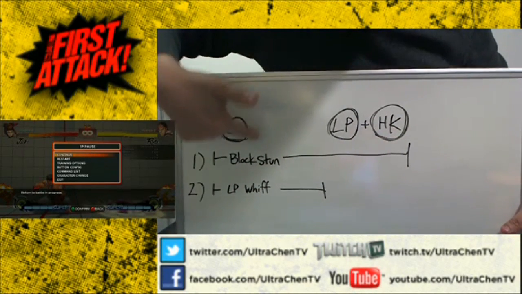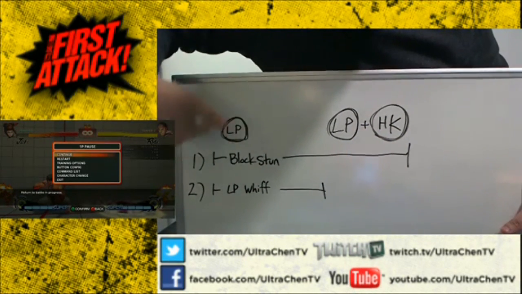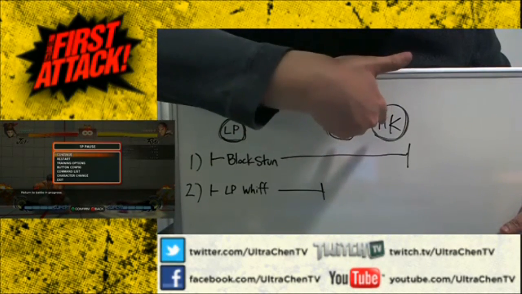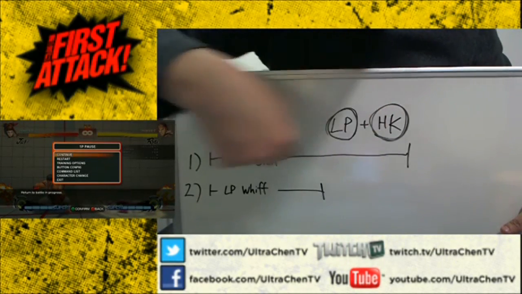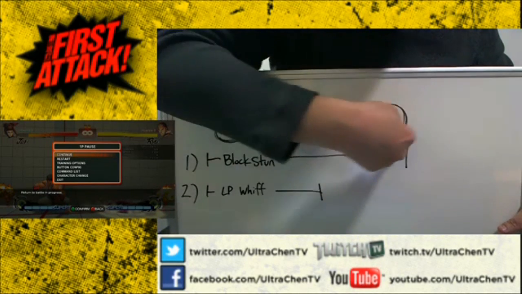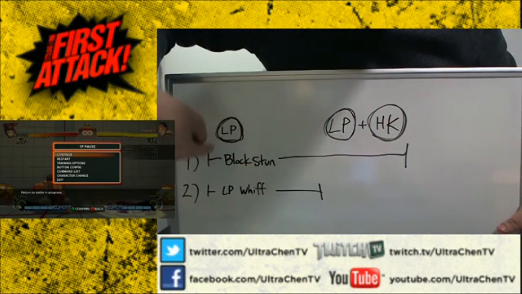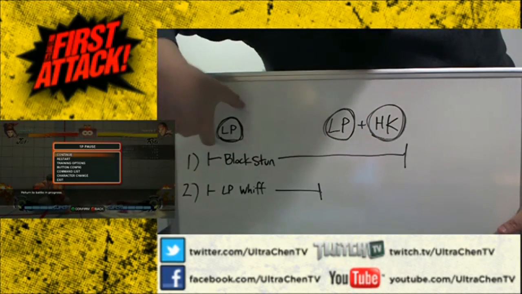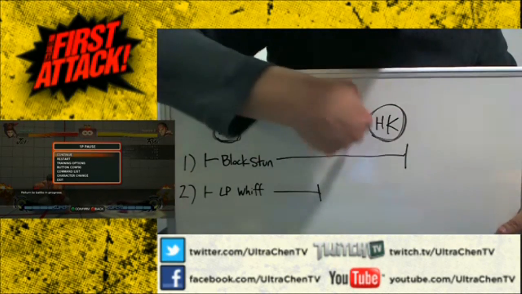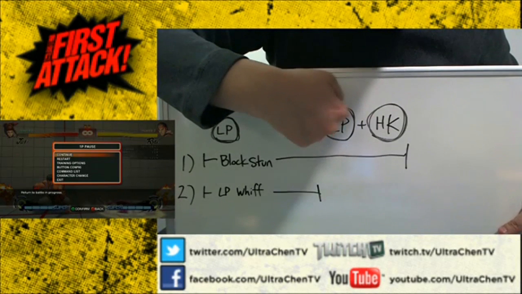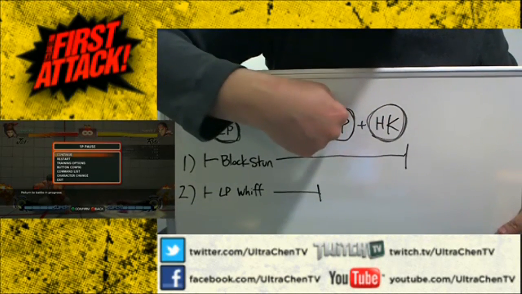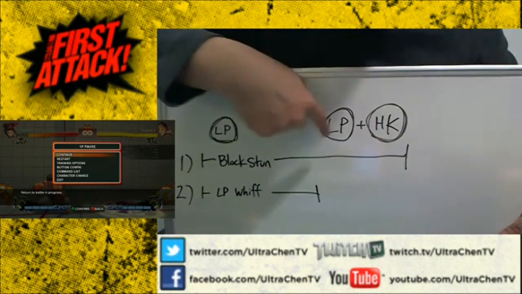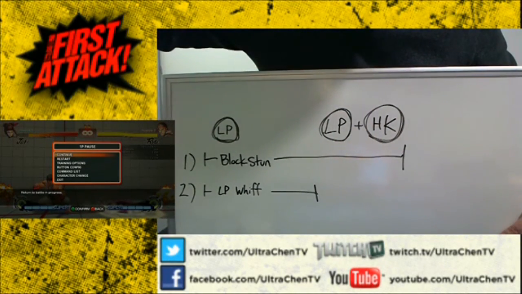So when you hit light punch, wait a little bit, and hit light punch and hard kick at the same time, it's lasted as long as the block stun has lasted on the low jab. So when you hit these two buttons, this first low jab is in the middle of block stun, and these two will actually trigger a light punch instead of a heavy kick because of the chain, because of the rapid fire weak attack properties.